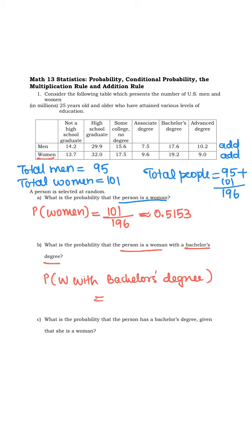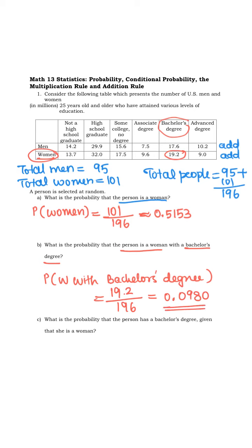So this is woman with bachelor's degree. These two intersect at 19.2. So 19.2 divided by total number of people, 196, that is equal to 0.0980.